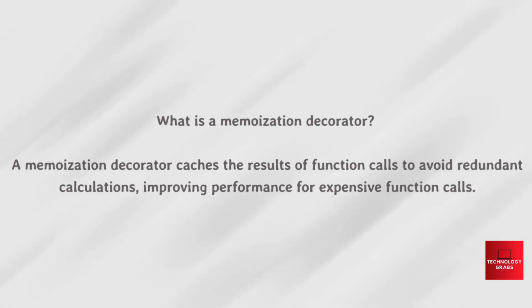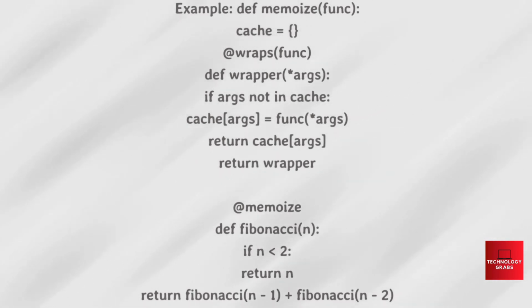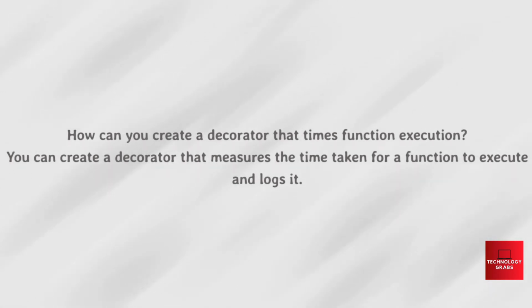A memoization decorator caches the results of function calls to avoid redundant calculations, improving performance for expensive function calls. How can you create a decorator that times function execution? You can create a decorator that measures the time taken for a function to execute and logs it.